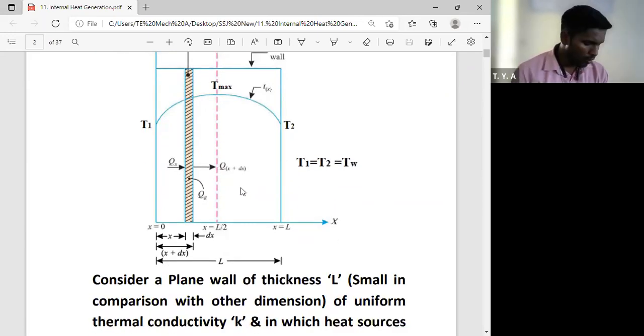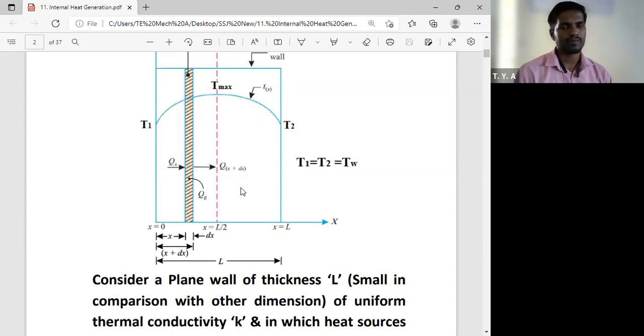Consider a plane wall of thickness capital L. We have considered the thickness of that plane wall as capital L. Consider a plane wall of thickness capital L of uniform thermal conductivity K. What is the thermal conductivity of this plane wall?